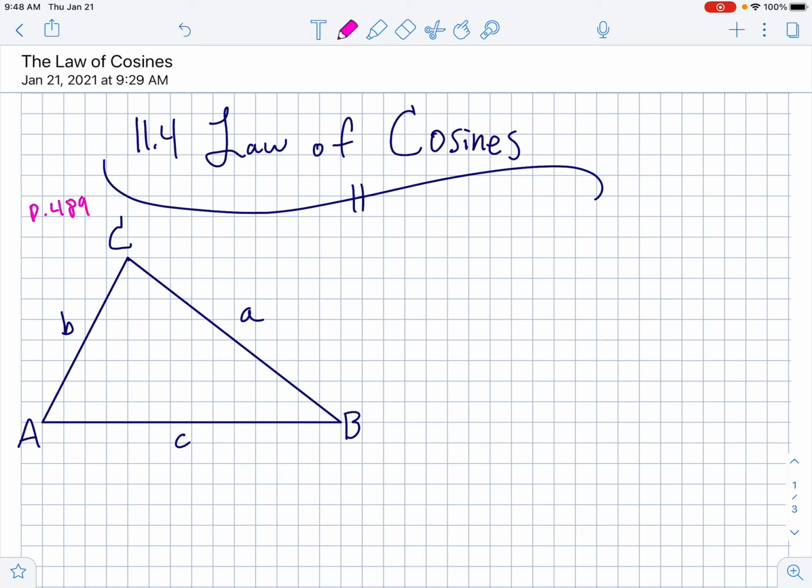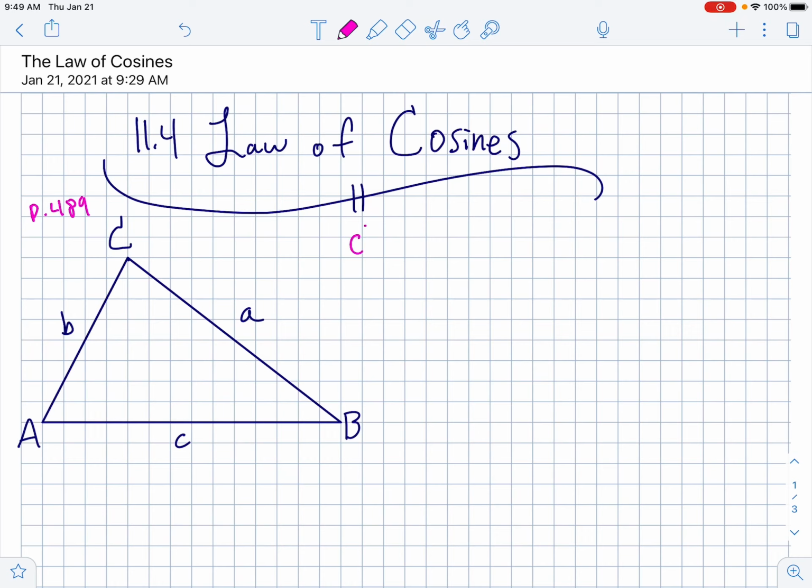So first, notice that all these little letters are directly across from the big letters. It's the same relationship we've had with all these triangles, where the small sides are across from the big letters, which are the angles. The law of cosines, I always remember that it starts a lot like the Pythagorean theorem.